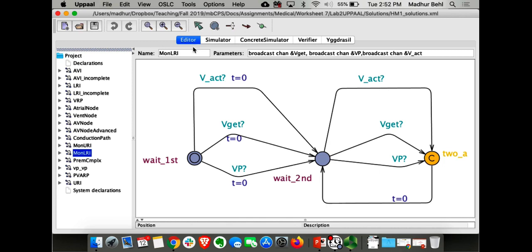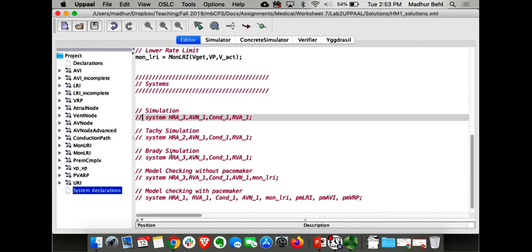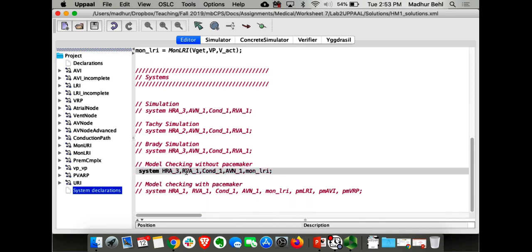So here's the power of Uppaal again. Let me go to system declarations and comment out our regular system. And now I can instantiate another system which has the atrium node instance 3, which was my bradycardia node.